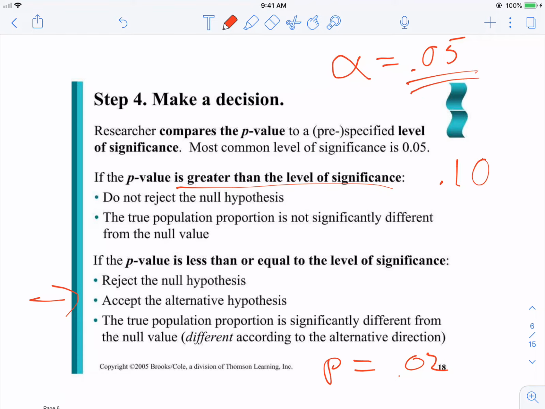Anything less than 5% would be rare enough. We got 10%. 1 in 10, that's not rare enough. So in this case, we would fail to reject the null hypothesis. The true population proportion is not significantly different from the null value. We don't have any evidence to reject that null hypothesis and accept the alternative hypothesis.